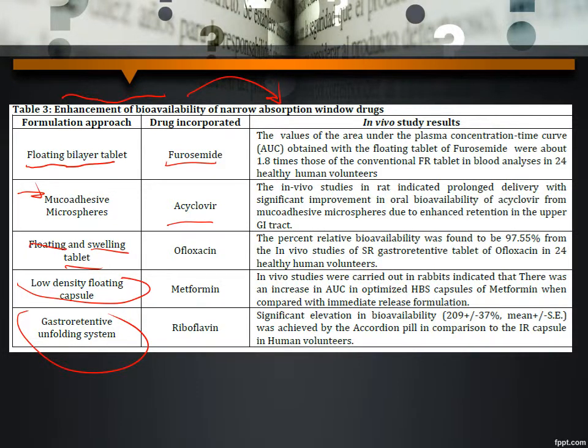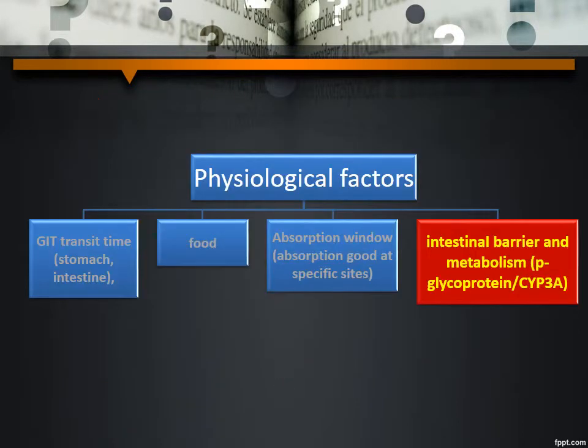And here is the result for the in vivo study. You don't need to memorize each and everything, but you have to understand the concept of how they can modify the drug with a narrow therapeutic window in order to increase their bioavailability.